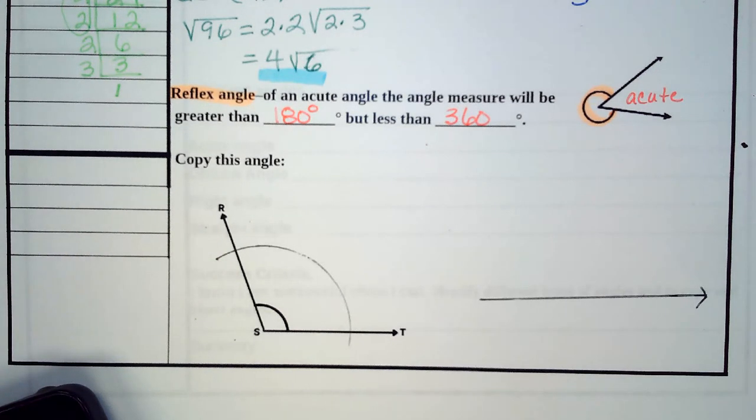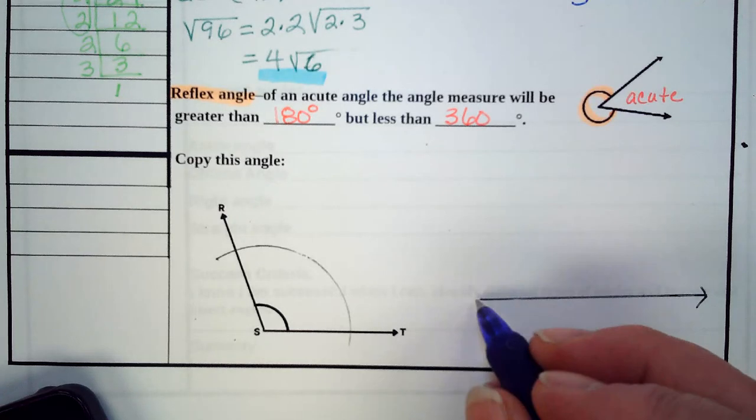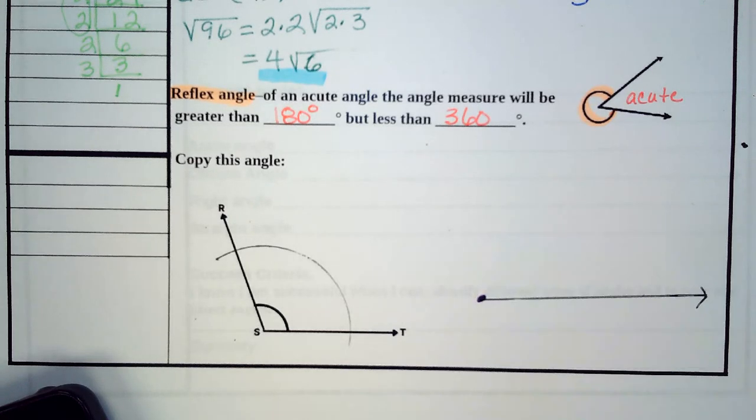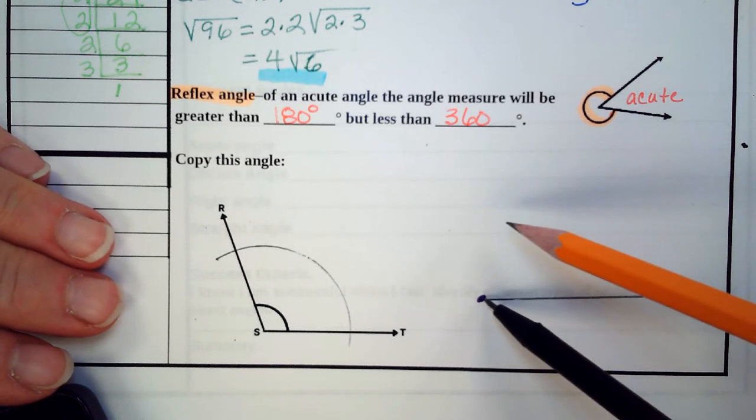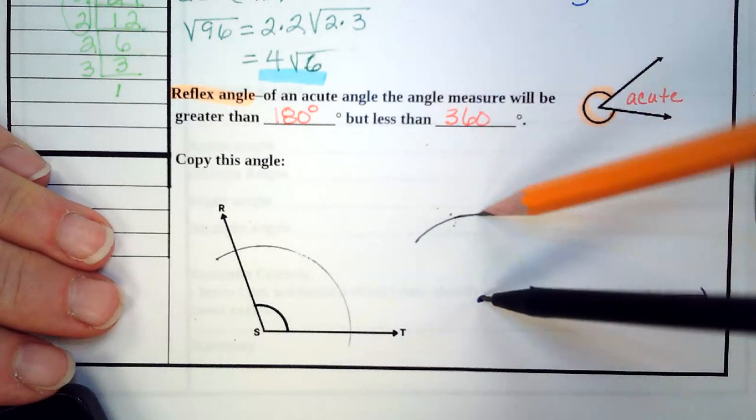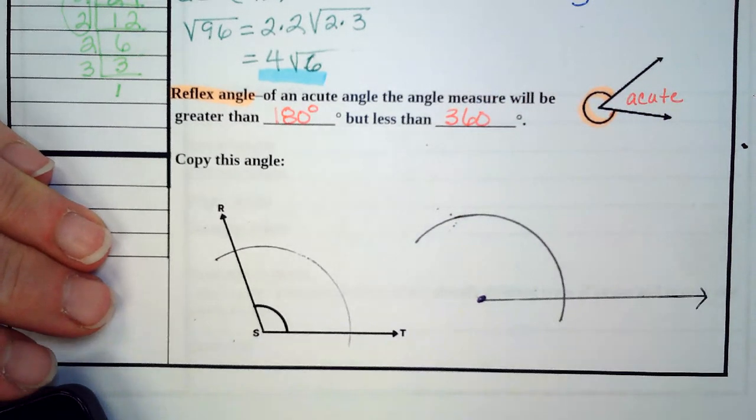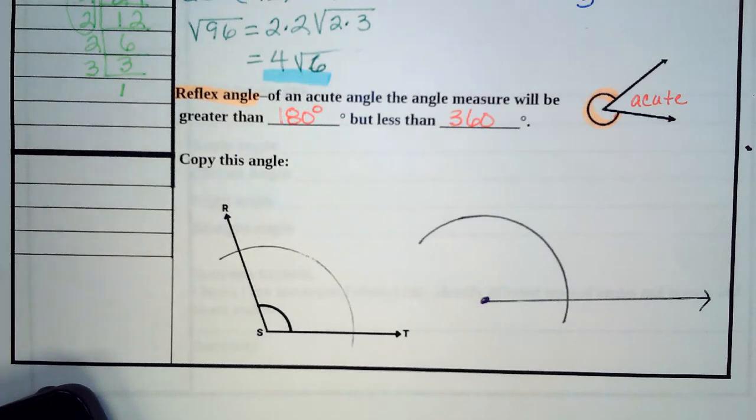I have to do this same arc on my vertex here because I need that same measurement. Could I have made a complete circle? Yes, I could have. Did I need a complete circle? No, but it wouldn't have hurt. Okay, so I've now got matching arcs.